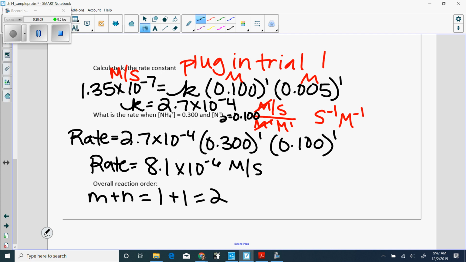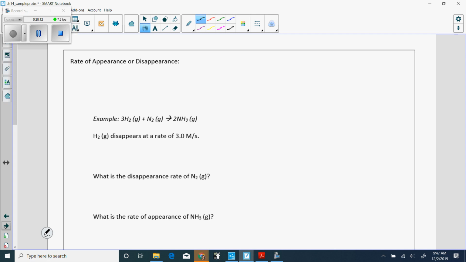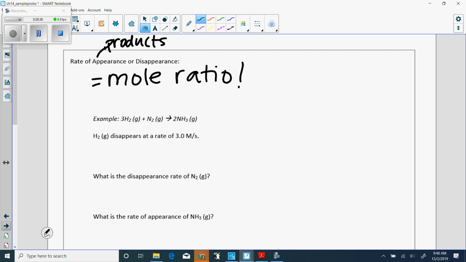Rate of appearance, rate of disappearance is the whole ratio. Remember the products, the C and D, are appearing; the reactants, the A and the B, are disappearing because they're turning into the products. So it says hydrogen disappears at a rate of 3 molar per second.